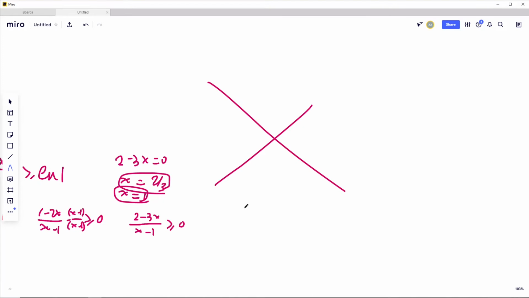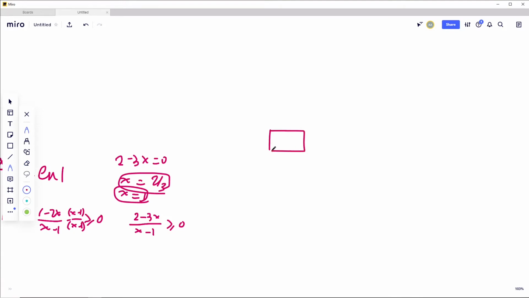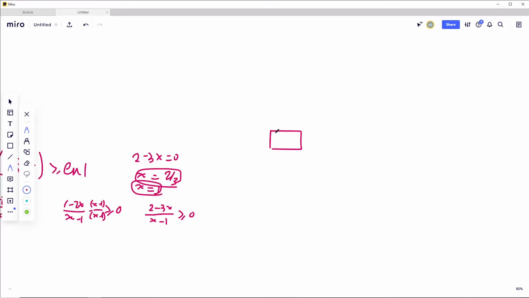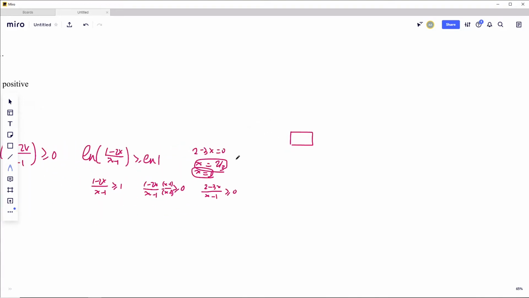So if you do graph this, you're going to get the same region, not the same, as it's actually smaller, I believe. This is why we end up picking the region I said within. It's going to be somewhere here, like this.